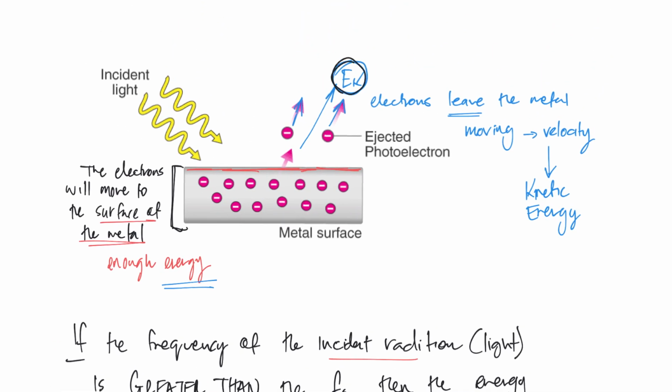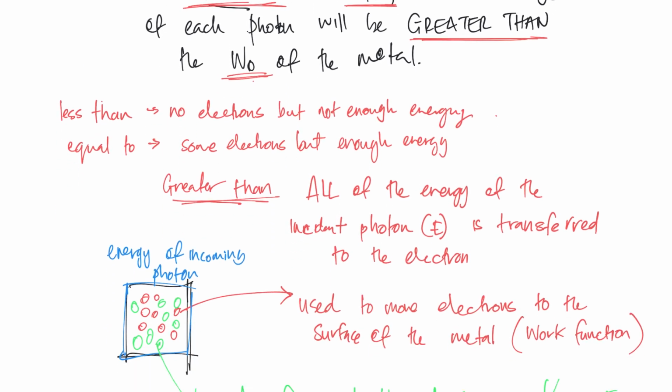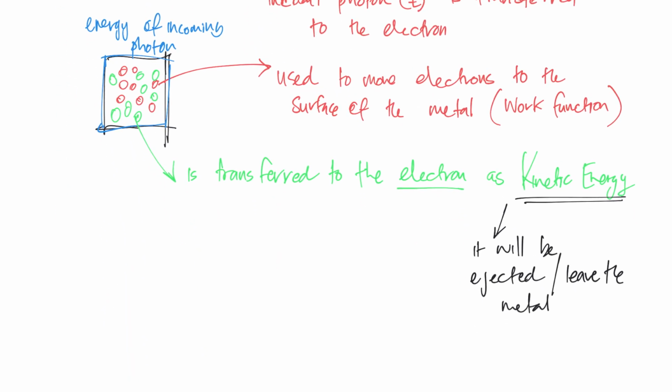Because it gets kinetic energy, it's able to move. And if it moves, it has some sort of velocity. So the electrons that we're dealing with here, I should just add to this. When we talk about the electrons here, we're talking about the electrons in the outermost shell, outermost energy level.